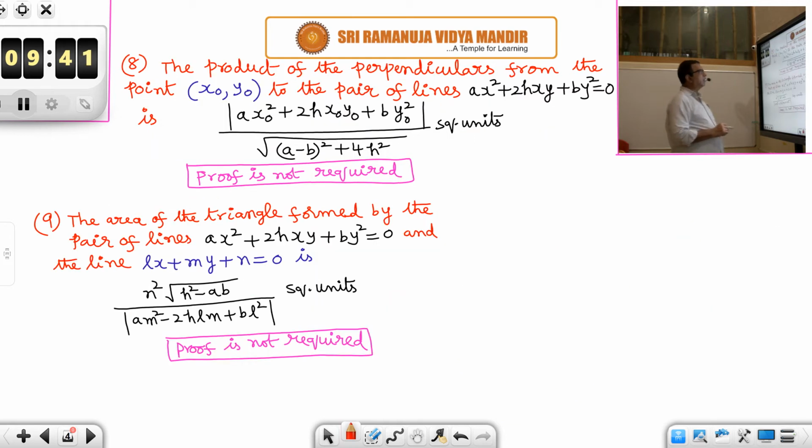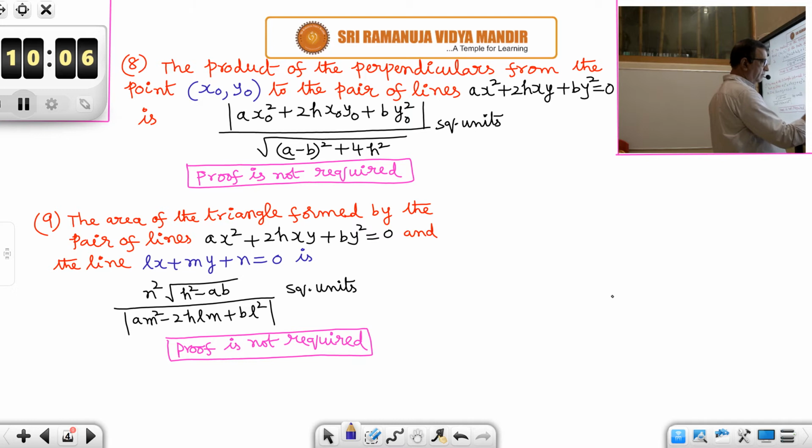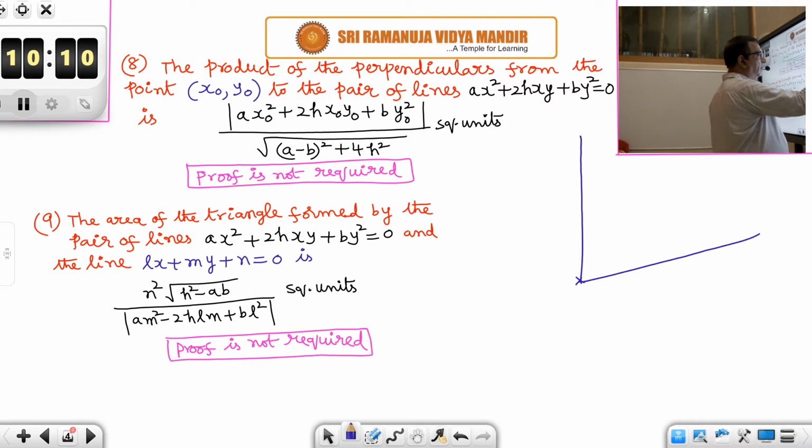Next one, eighth one. The product of the perpendiculars from the point x0 y0 to the pair of lines ax square plus 2hxy plus by square is equal to 0 is, see, I have not drawn the diagram, I will draw the diagram now. So this is origin.